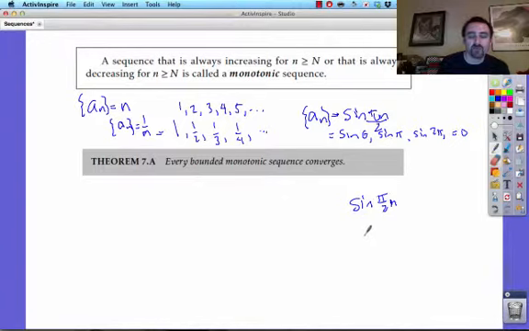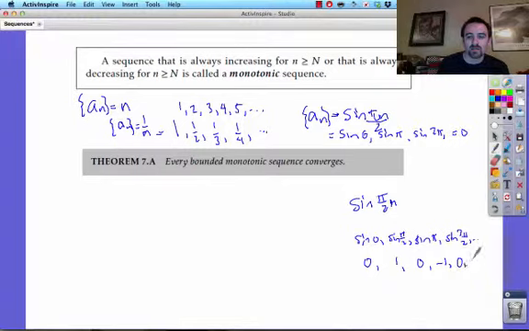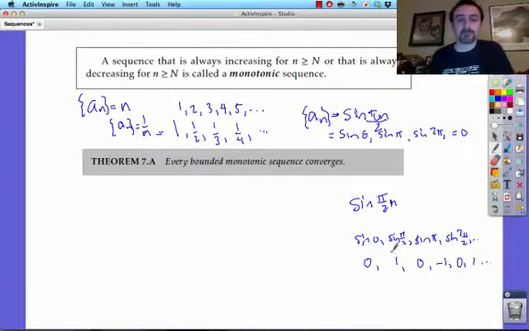Now we have sine of 0, sine of pi over 2, sine of pi, sine of 3 pi over 2, and so on. This is going 0, 1, 0, negative 1, 0, 1, and so on. This is neither monotonically increasing or monotonically decreasing.